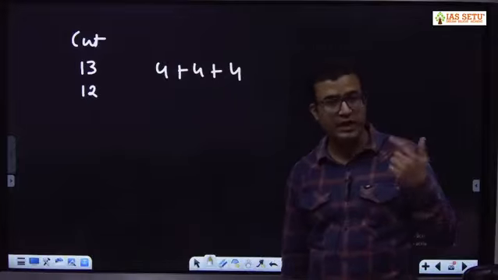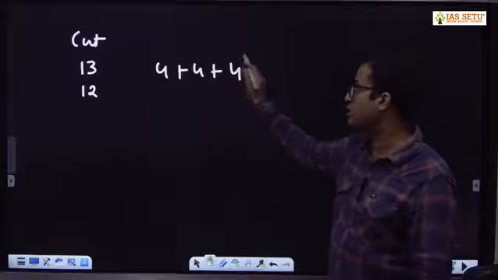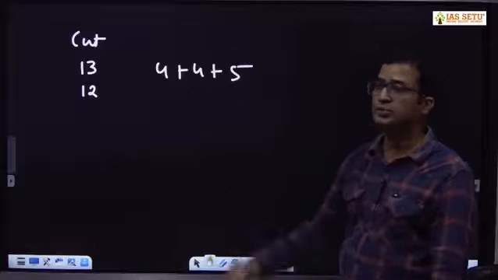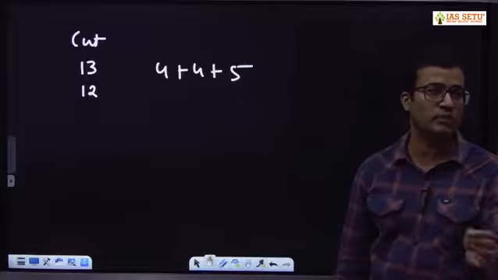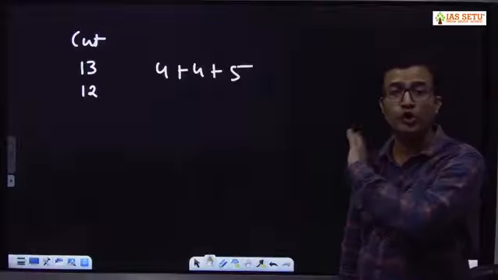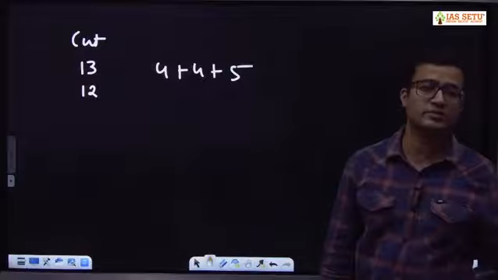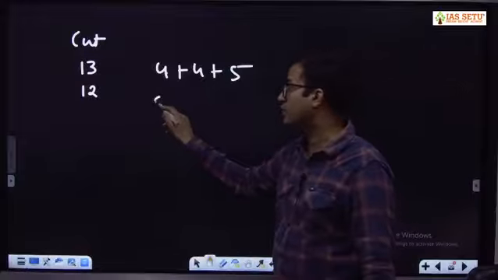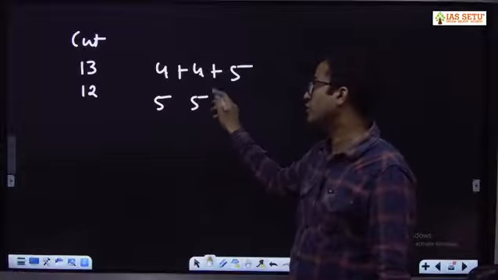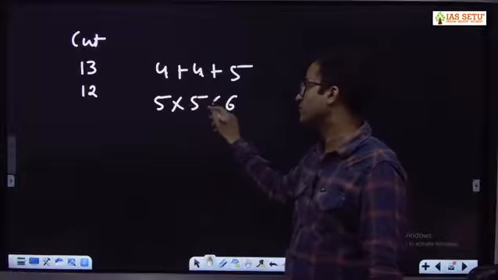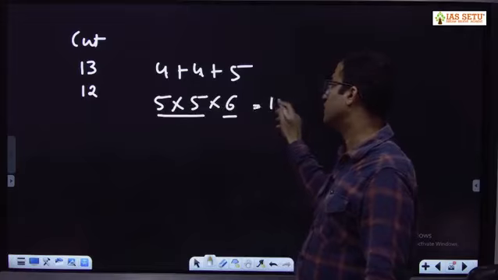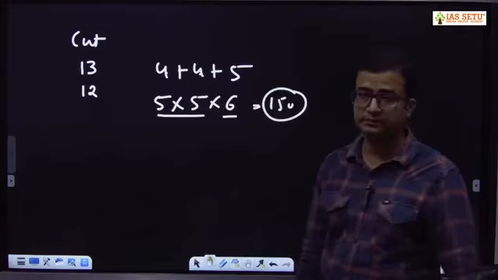Since you have 1 extra chocolate, that extra you can give here. So your best distribution of 13 cuts is 4 plus 4 plus 5. No other distribution will give you maximum number of pieces. 4 cuts give you 5 pieces. 4 cuts give you 5 pieces. 5 cuts give you 6 pieces. 25 into 6, 150.